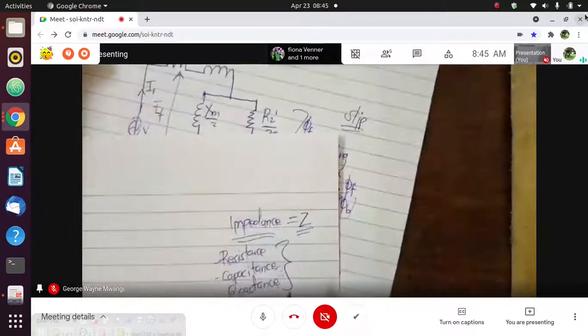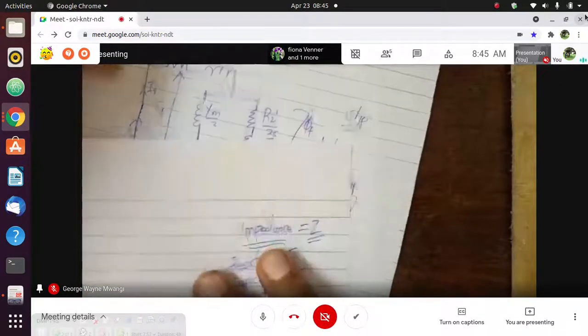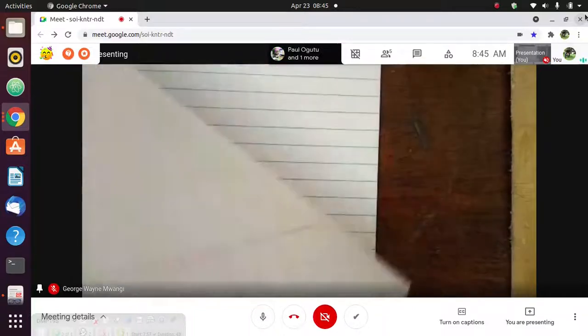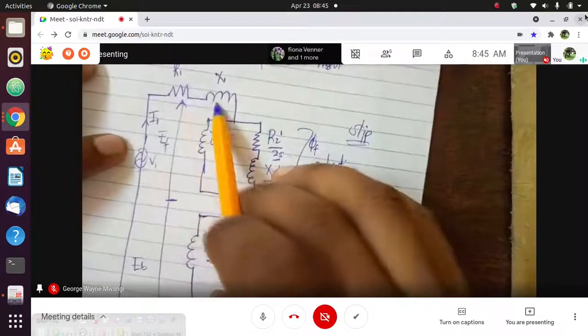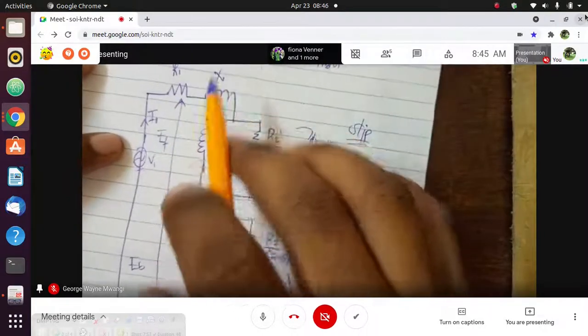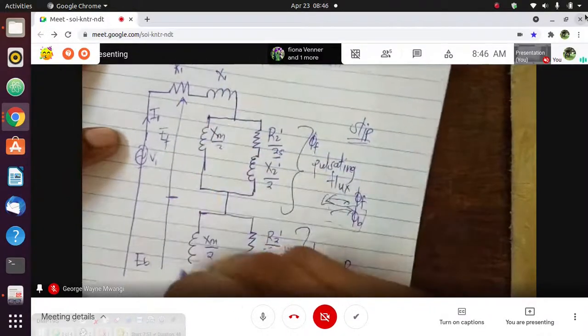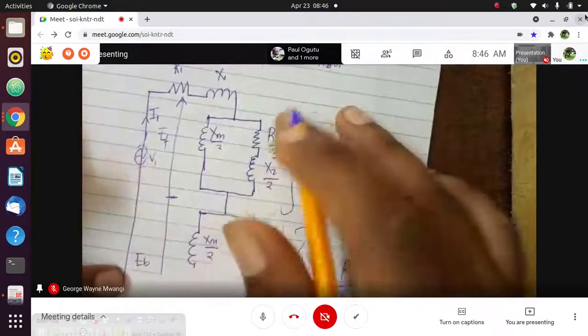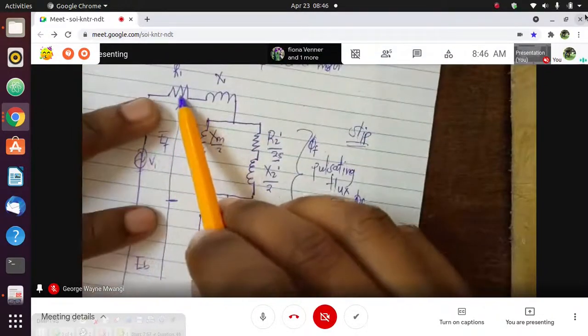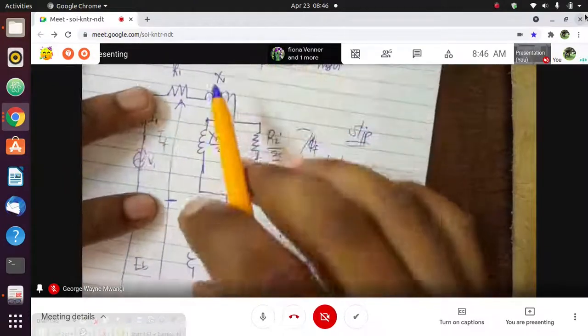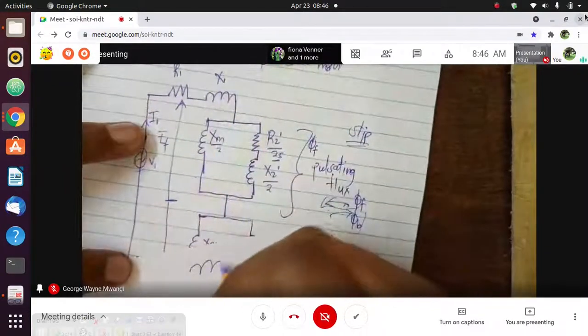Now I want to see how this comes into play. In this equivalent circuit of our motor, we have a resistor and we have an inductor. In that motor, you will not find a resistor and an inductor physically connected to it, but we resolve it as having a resistance and an inductive reactance, because this motor is a coil.